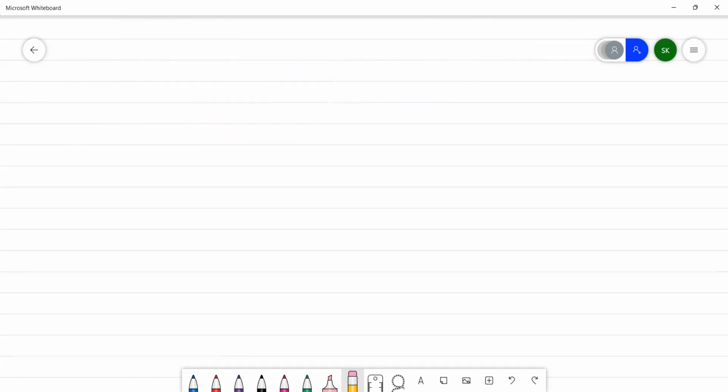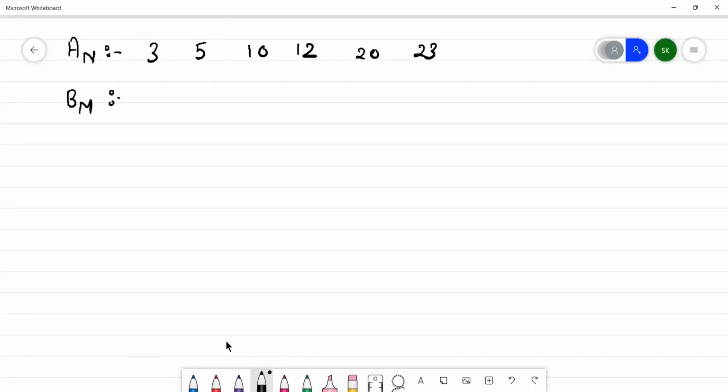Now just look closely at the question that I gave you. I'll write both arrays. Your array A of n was 3, 5, 10, 12, 20, and 23. Your B array of m is -4, -2, 7, 11, 13, 14, 16, 17, and 18.